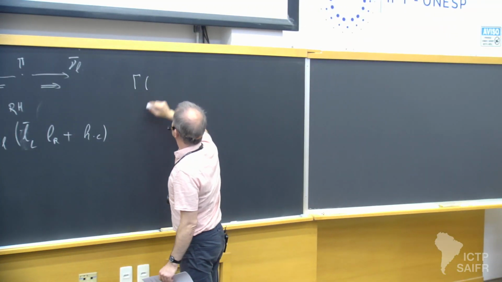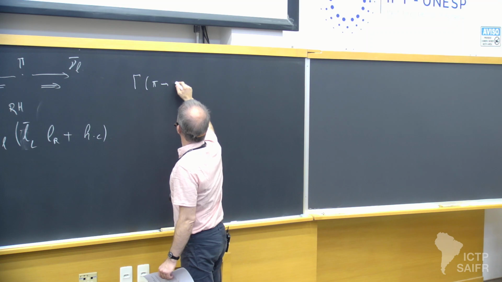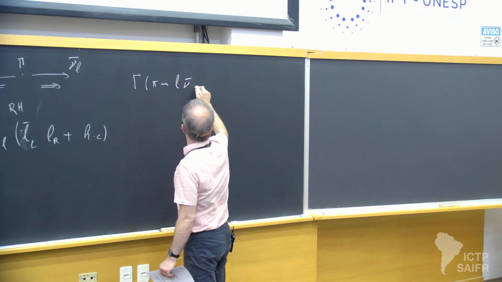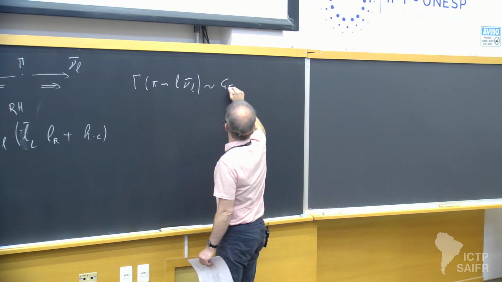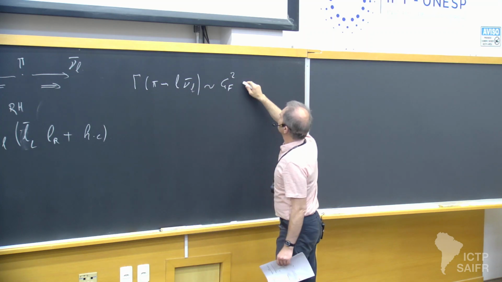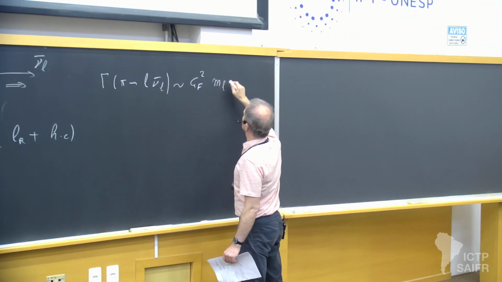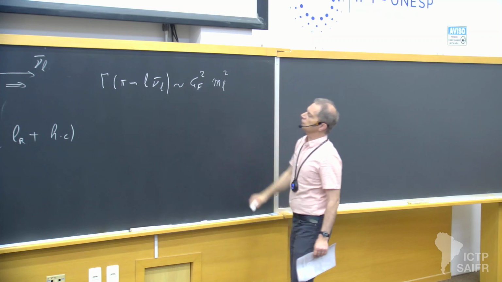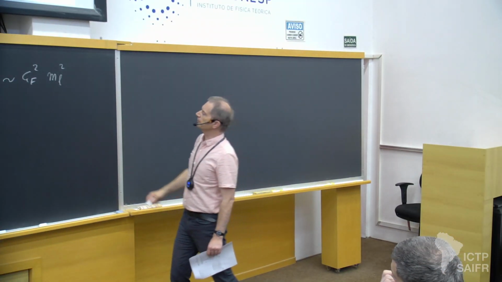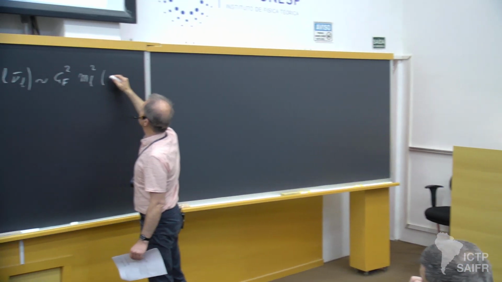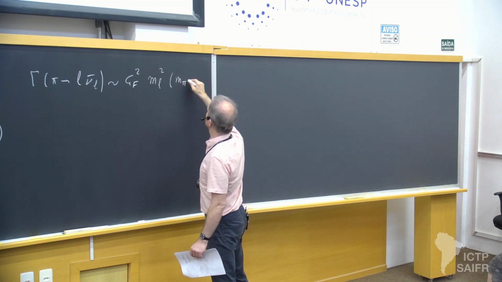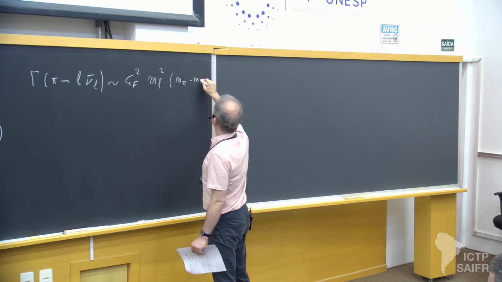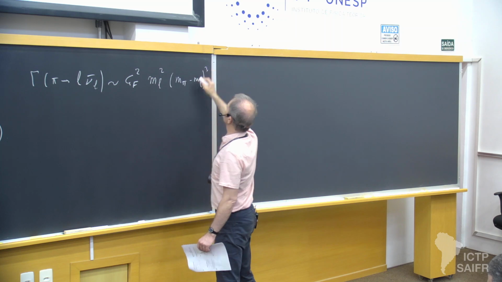So we say that the decay width of the pion into lepton and antineutrino should be proportional to G Fermi squared. The amplitude is proportional to the mass of the lepton, so the width will be proportional to the mass squared. And then you need to add three powers of the energy, so the mass of the pion minus the mass of the lepton, to the cube.